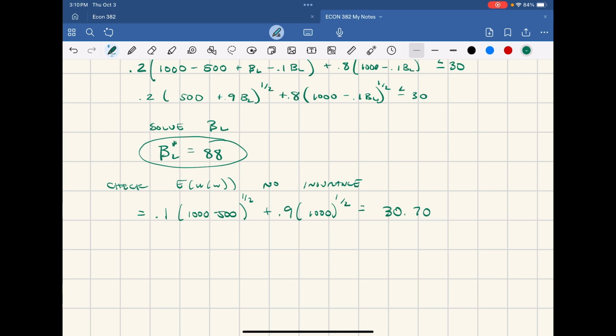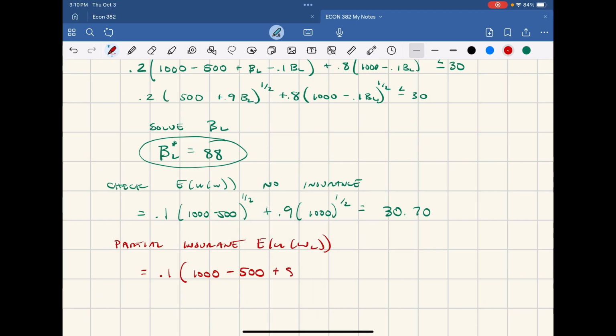So now what we want to ask is, are they better off purchasing insurance where they're partially insured that provides them a benefit of 88? So let's go ahead and check. So here is the partial insurance expected utility of wealth for low-risk individuals. So this is equal to 0.1 times, they start off with 1,000, the unlikely event happens, so they have to pay 500.